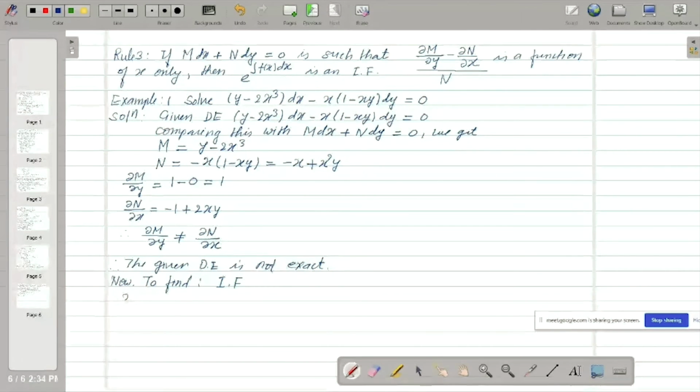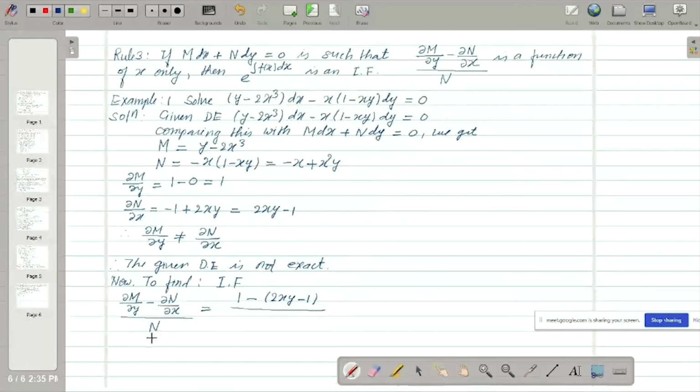That is dou M by dou y minus dou N by dou x divided by N, and this equals dou M by dou y, we found this much 1, and minus dou N by dou x, this one. So minus becomes plus, and this can be written as 2xy minus 1. Okay, so we write here 2xy minus 1 divided by N.